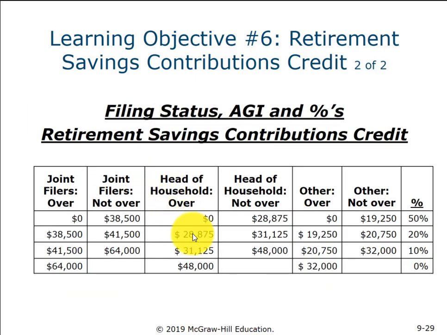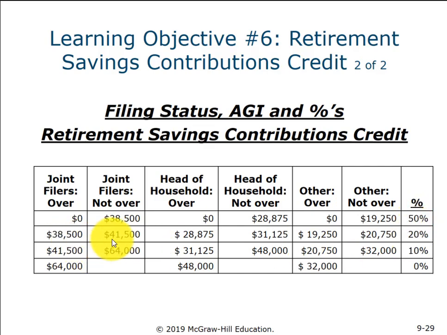So here's how you calculate it. You know how much you put in. You look at where your AGI falls, and then this is the percentage that you get as a credit of what you put in, the amount you contributed. So if you put in $1,000 and you're a joint filer and your income's under 38.5, then you get a credit for half of that.